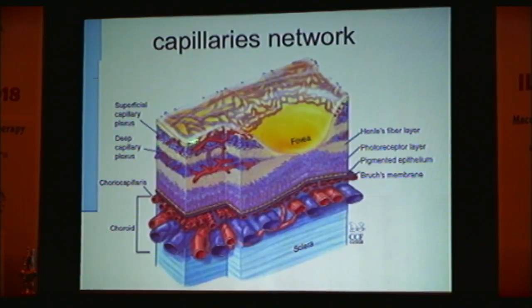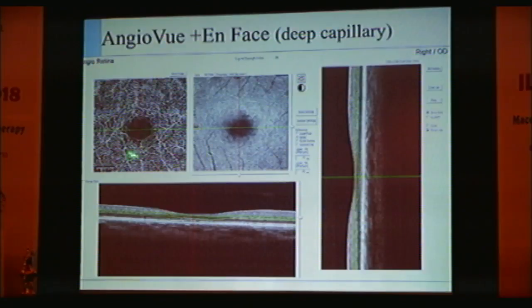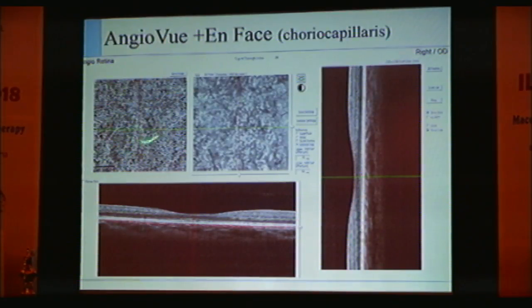This is the superficial capillary plexus; we cut the retina at this level. Then we cut the retina at this level. Then we have the outer retina and the choriocapillaris. So these 4 sections we have: the superficial, the deep retina section, the outer retina, and the choriocapillaris.